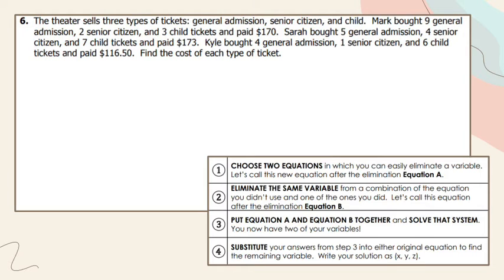So let's think about what each person's cost looks like. If we are just talking about Mark, he bought 9 general admission and so on, and paid this much.